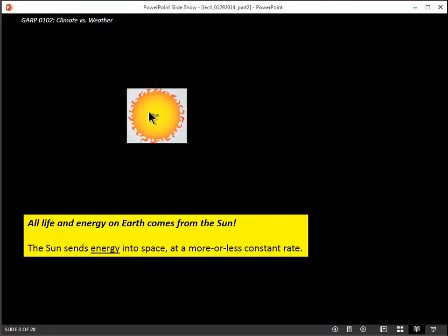Basic fact, pretty much all energy and life, therefore, that we have on Earth comes from the sun. And you can think of the sun perhaps here as a big light bulb. And the sun is blasting energy into space, and it does so more or less at a constant rate. It's not quite constant, but it's more or less constant.